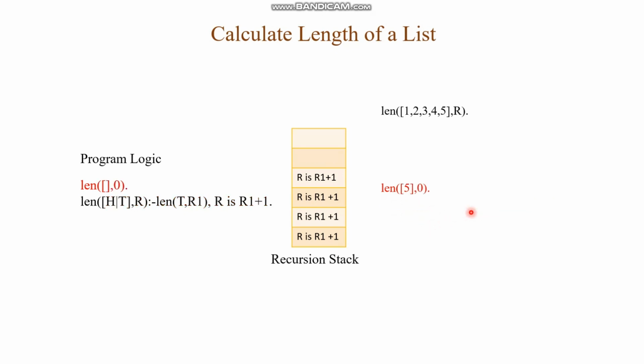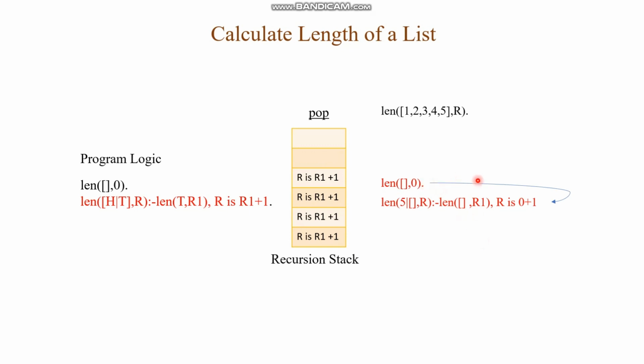Whenever it hits the empty list condition, the base condition becomes true, and it reports the value 0 back to the caller function. Here the caller function is this one, so r1 becomes 0.